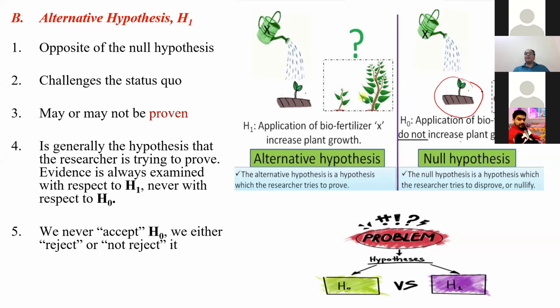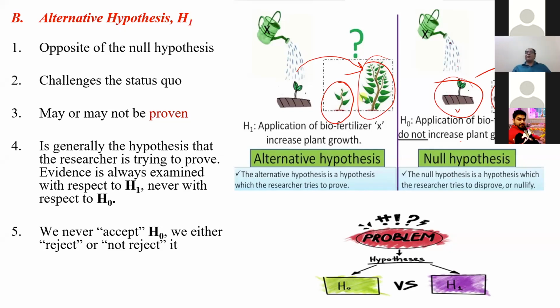So there is no change in growth from the application of fertilizer. Now I want to challenge this. I give fertilizer to one plant and not to the other, and I want to challenge the null hypothesis and prove that this fertilizer will definitely have an impact on the growth.